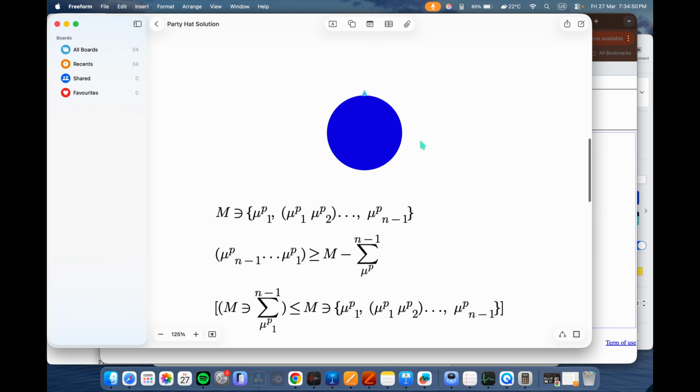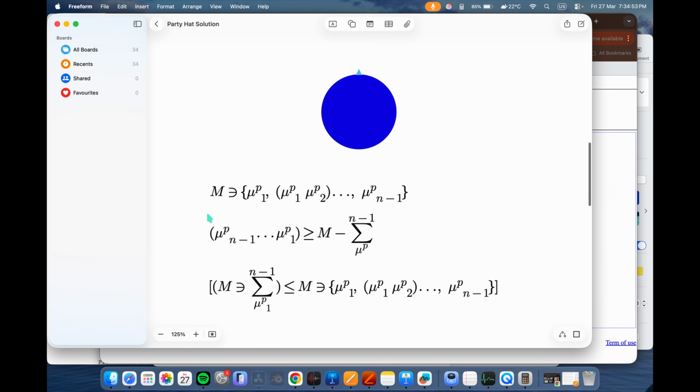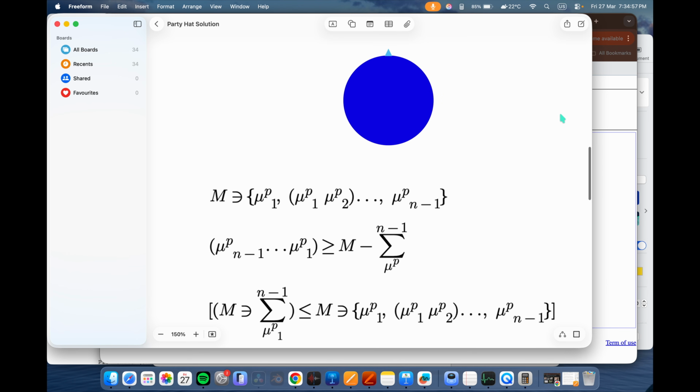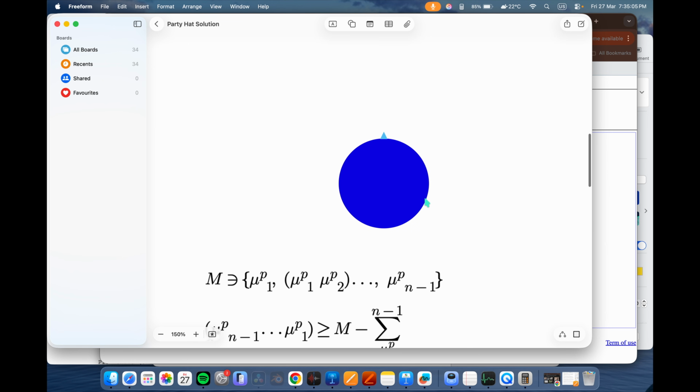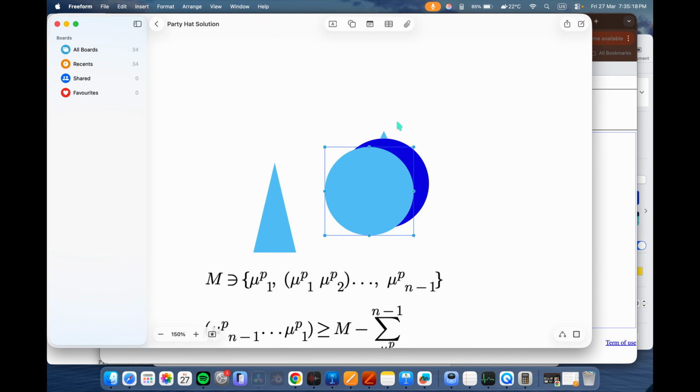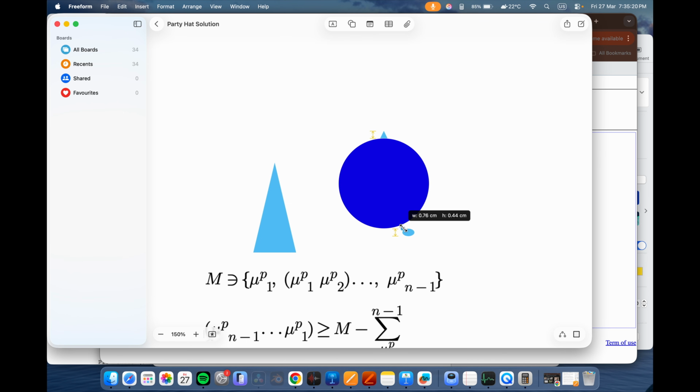So over here, this equation states that m contains these dots. So these dots, this notation, represents the dot on the top of the cone.